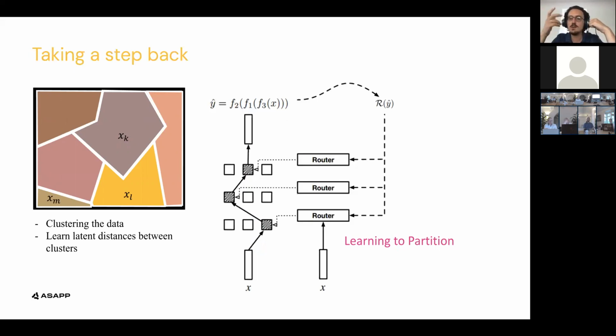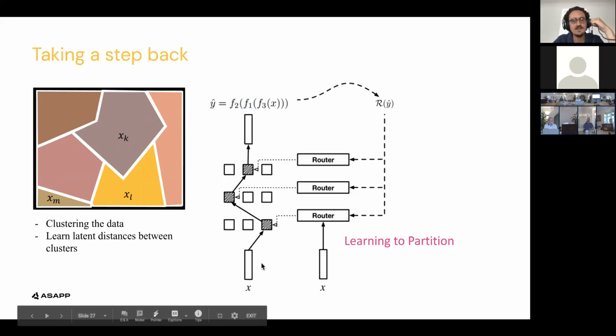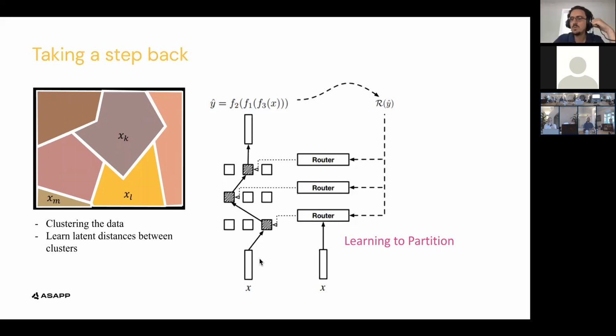So what learning to partition means is that when you learn to solve a particular problem, what ultimately happens is, say we have, in this case, 3 to the 3, so we have 27 possible paths. Say we have a data set of a particular kind, we need to effectively group samples by their functional similarity.